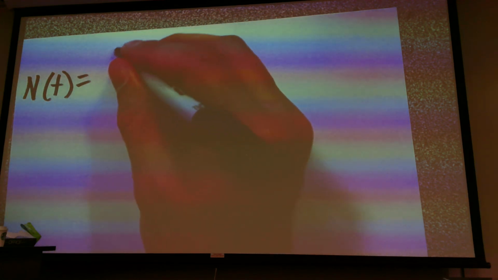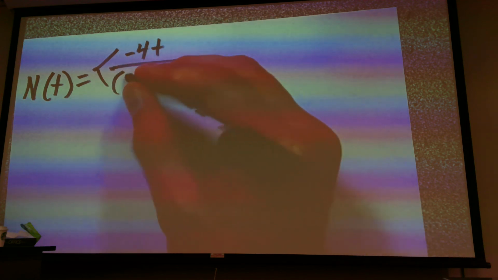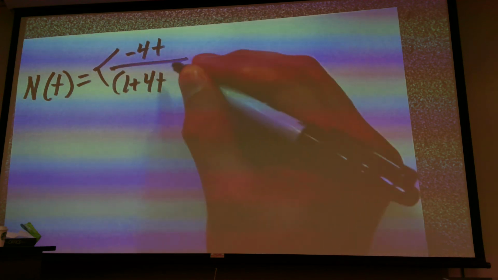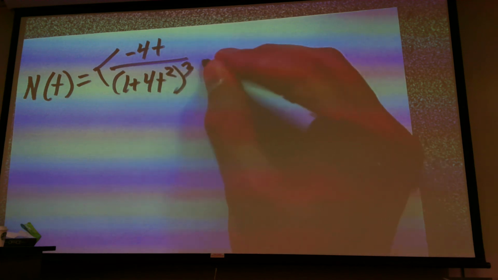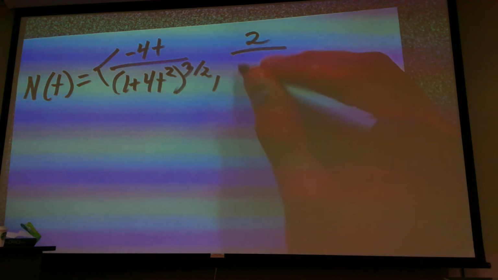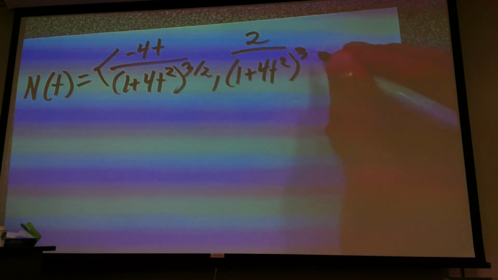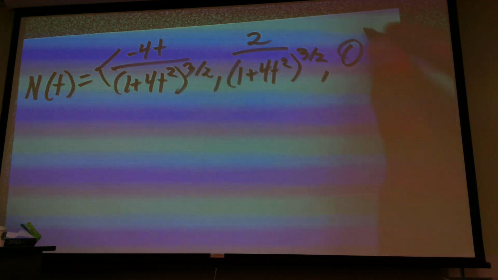So N of t will equal, right, so this would be negative 4t divided by 1 plus 4t squared to the 3/2 power, and 2 divided by 1 plus 4t squared to the 3/2 power, comma 0. Okay?